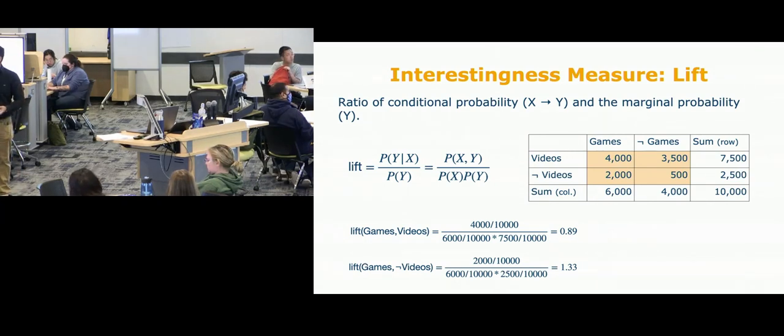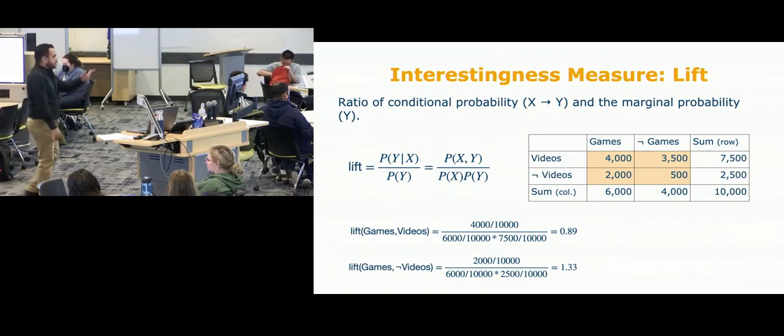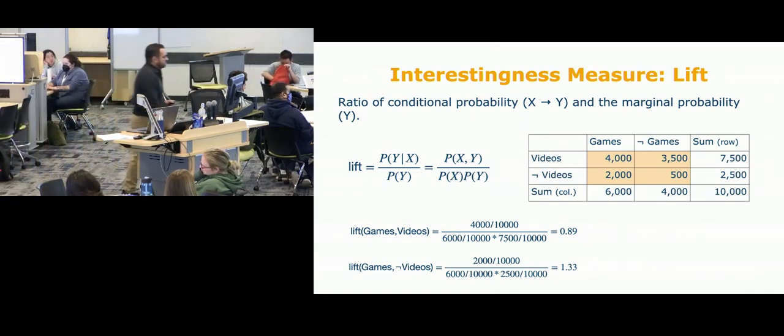Any questions? Yeah, intuitively, how does this lift number quantify interestingness? That's a good question. We will see some other interestingness measures that could quantify these things more precisely. But over here, you could just look at the magnitude and rank them based on that magnitude. This bottom one is 1.334, so that one has a higher lift.